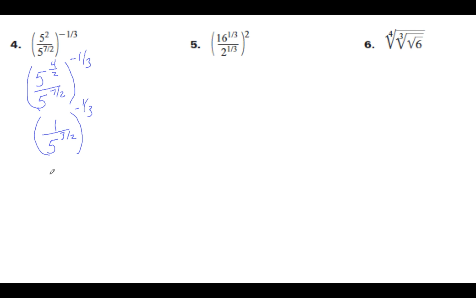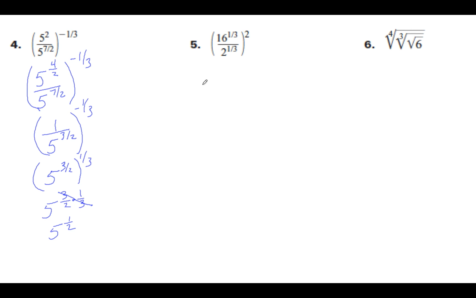Since it's a negative power, we're allowed to do the inverse here. Flip this upside down. So it becomes 5 to the 3/2 power raised to the, now it's a positive 1/3. So it's 5 to the 3/2 times 1/3. They're going to cancel out. This is 5 to the 1/2 power.